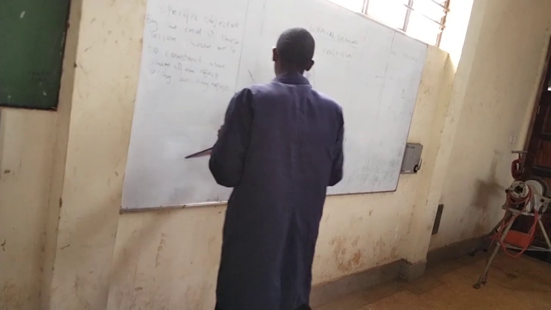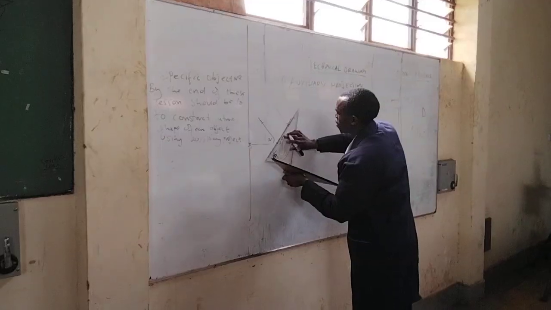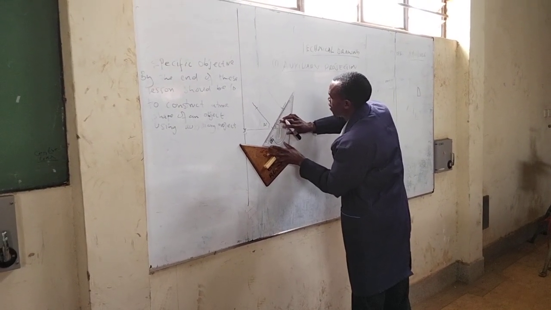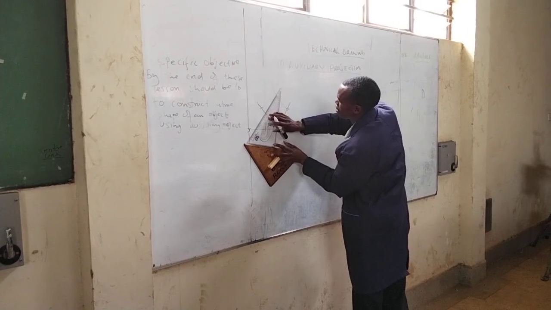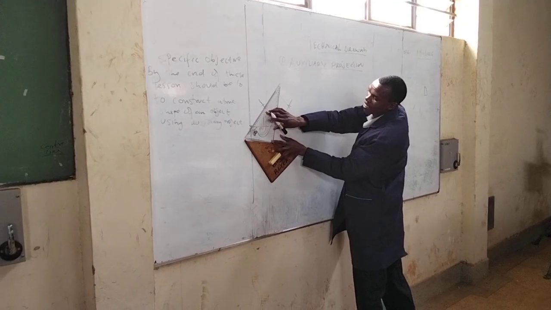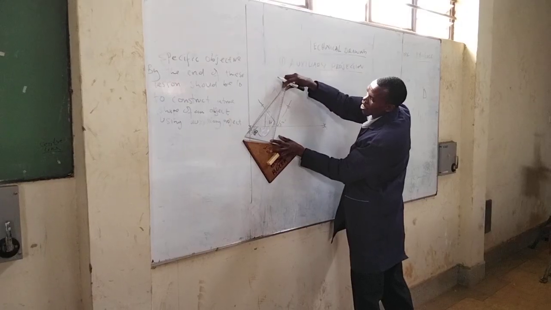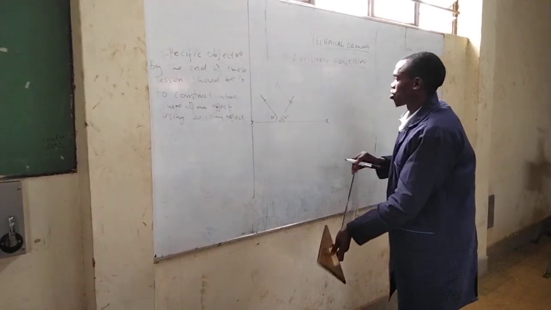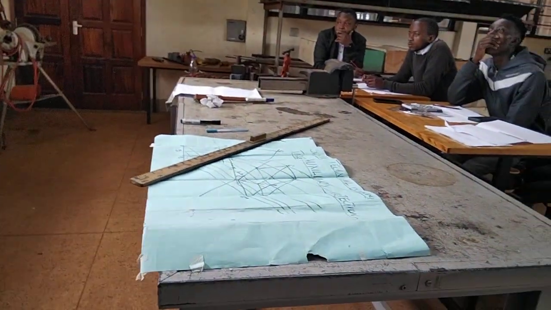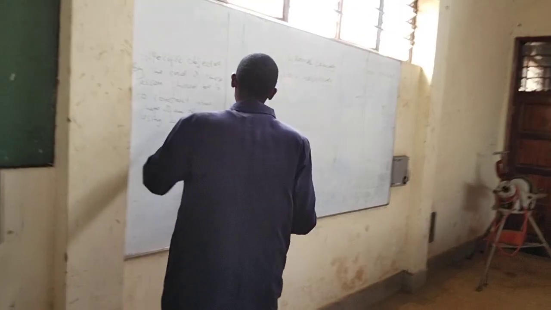Next is this line. I hope you are following the procedure. You select like this one. Are you seeing? Are we together? Yes. Okay. So that is our front elevation of our object.